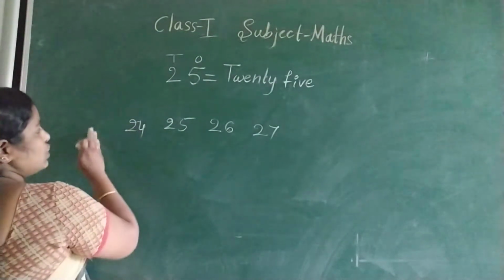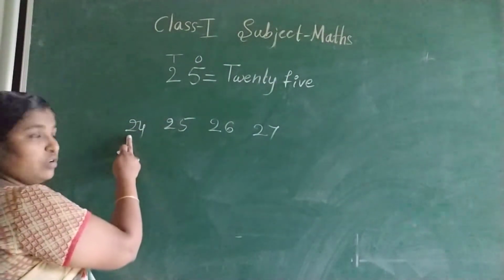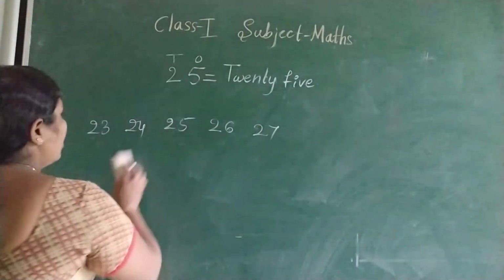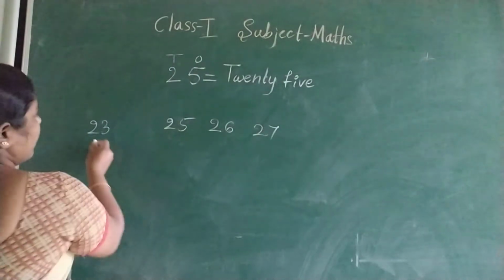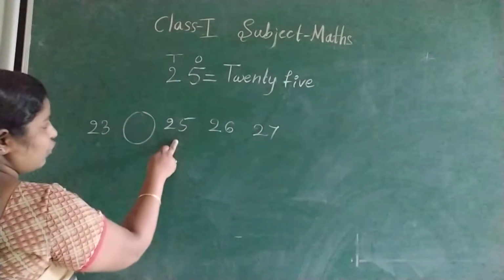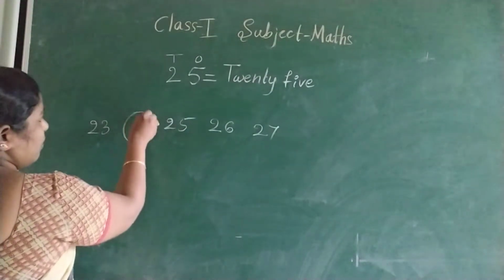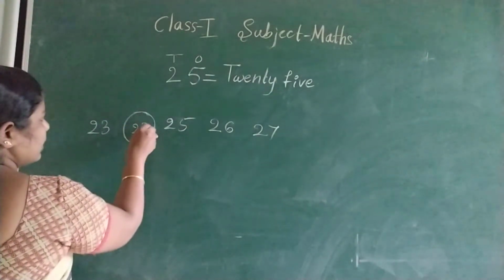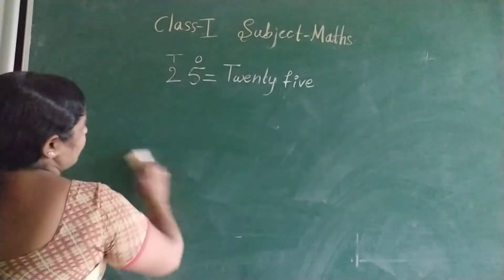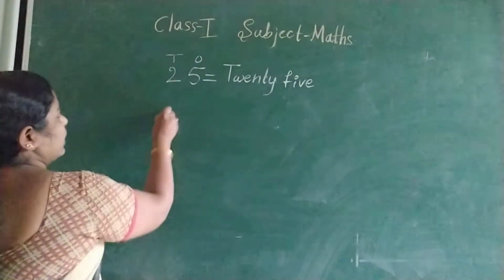What is the just before number of 24? That is 23. What is the between number of 23 and 25? Between number is 24.